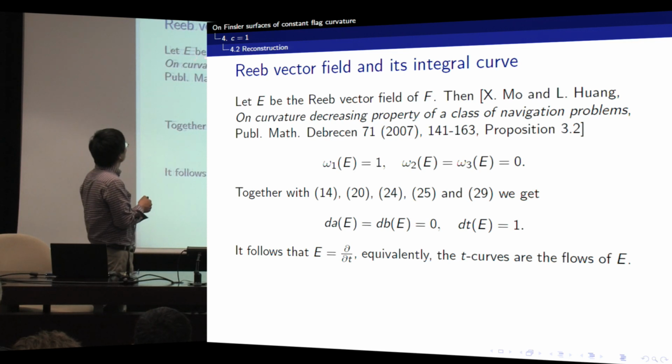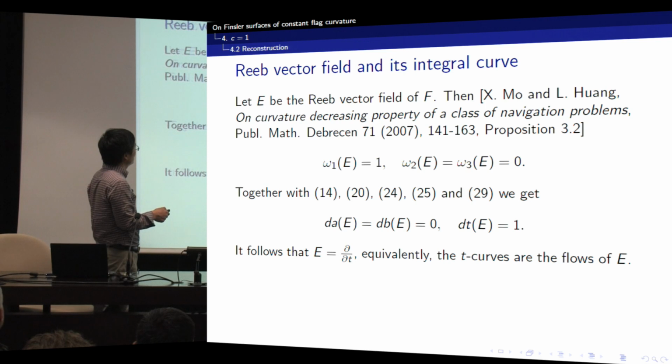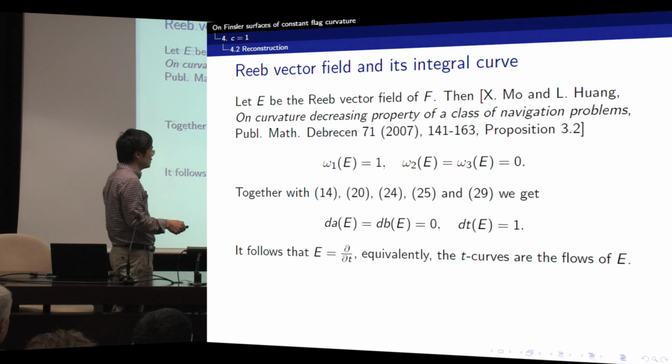Let E be a Liouville vector field of F. Then we can conclude omega 1(E) equal to 1 and omega 2(E) and omega 3(E) equal to 0. Together with this formula, we get dA(E) and dB(E) equal to 0, dt(E) equal to 1. It follows E equal to partial over partial t. Equivalently, t-curves are the flows of E.